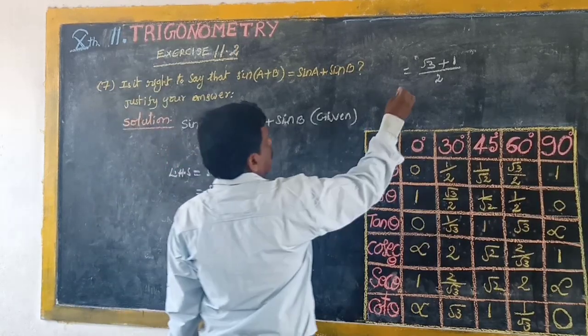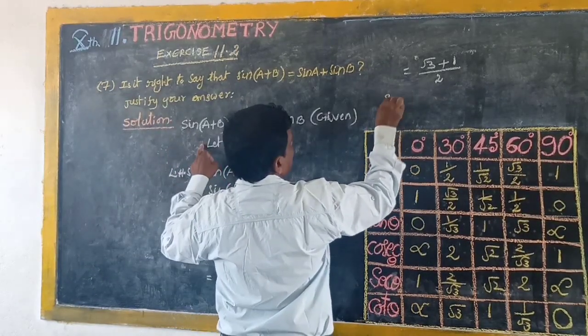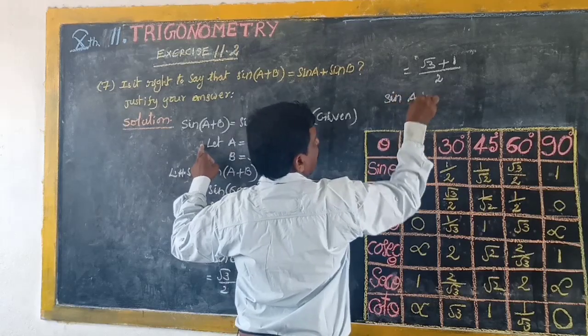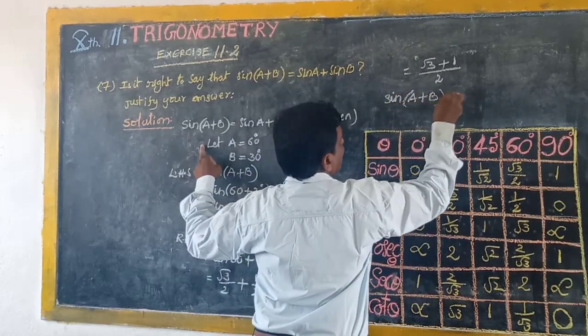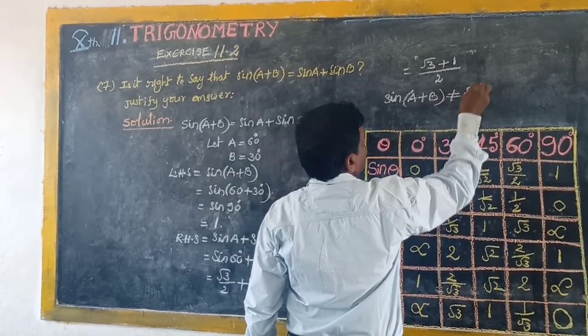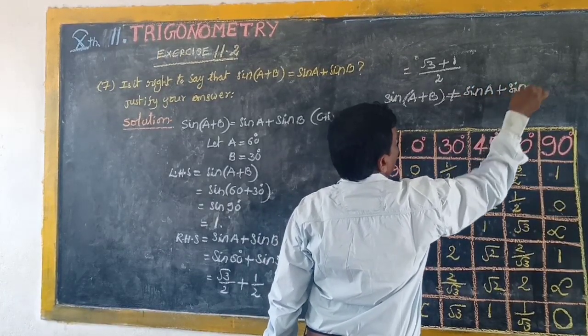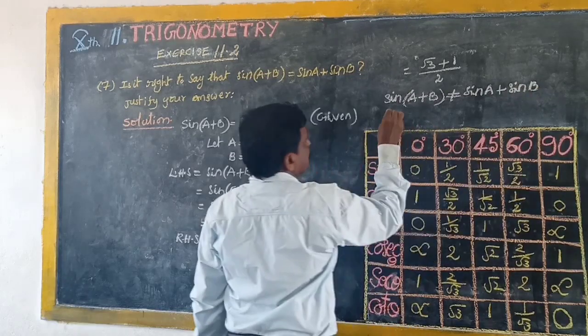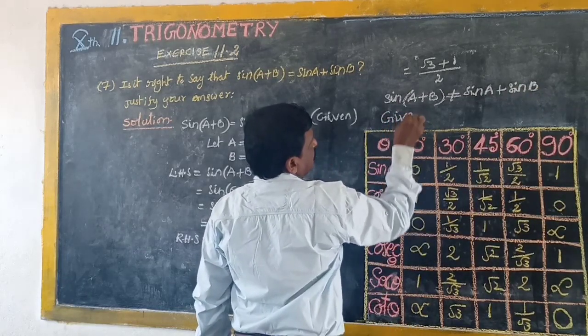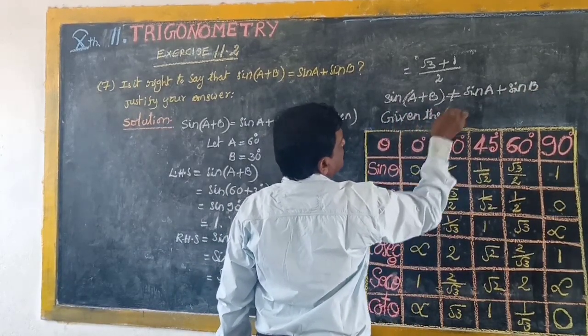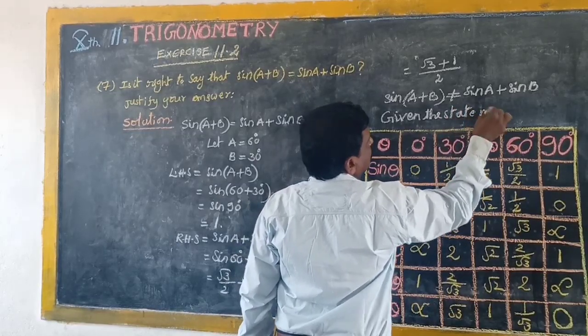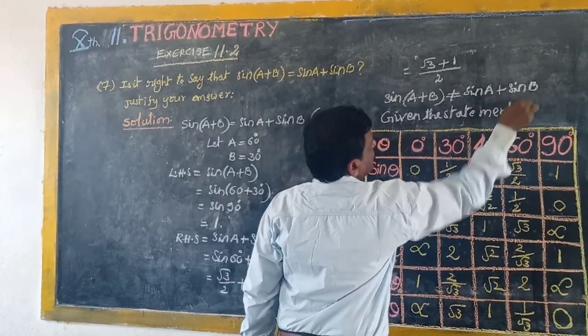So both are not equal. Sin(A plus B) is not equal to sin A plus sin B. So the given statement is false.